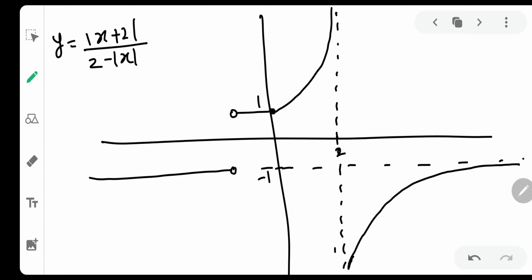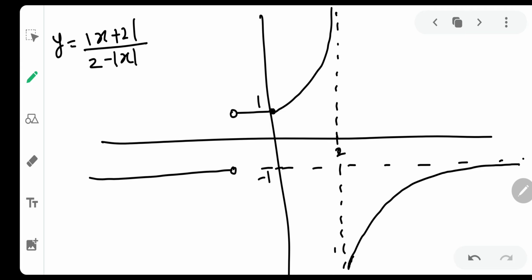From minus infinity to 0, the graph is pretty interesting. It is a constant graph, but it is discontinuous at x equal to minus 2. At x equal to 2, the graph is having positive infinity as left hand limit and negative infinity as right hand limit.